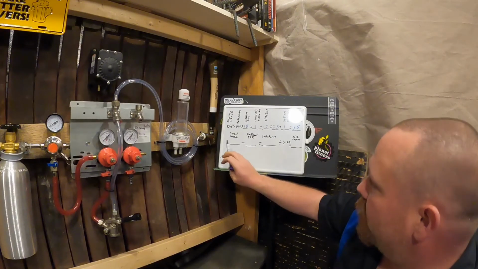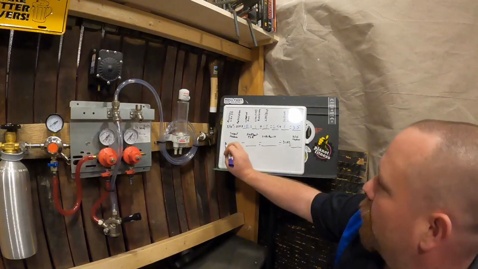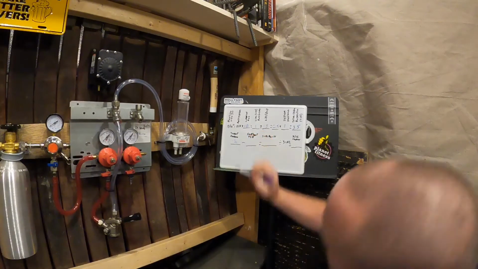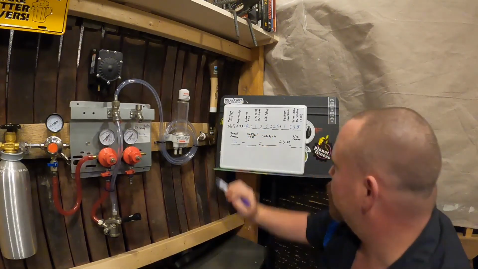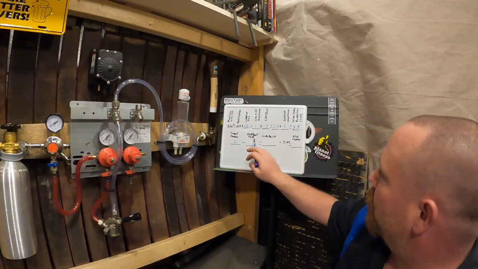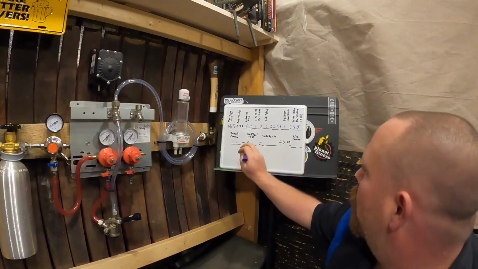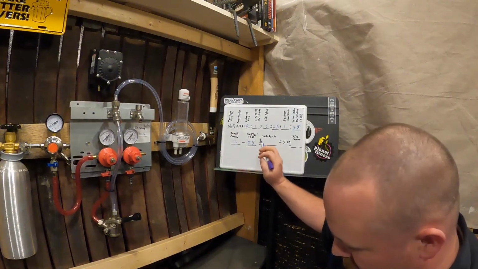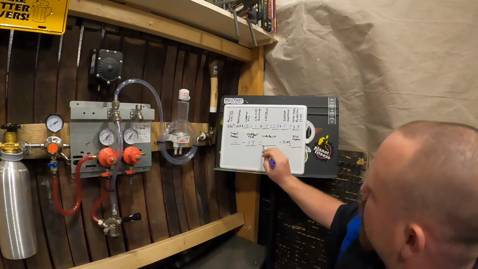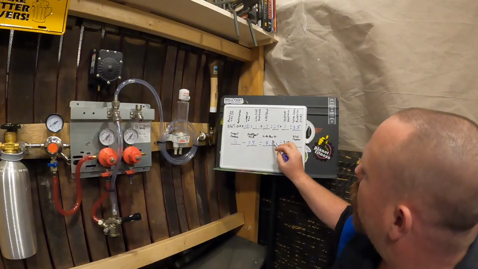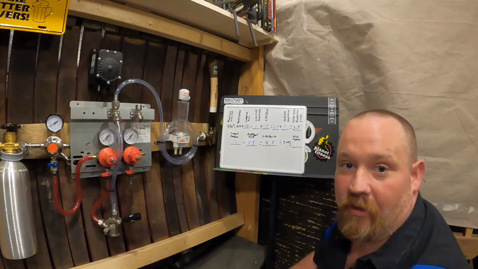The target pressure that we're wanting to run is 12 psi. So we're going to subtract the total system resistance of 3.5, which gives us 8.5 that we need to come up with.